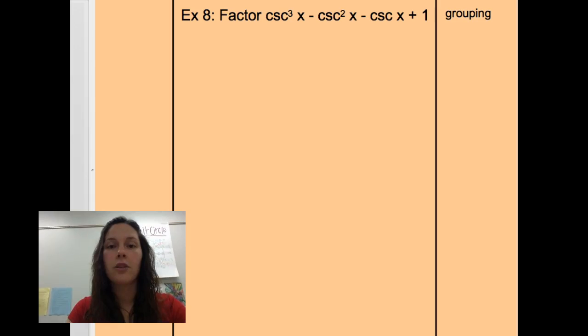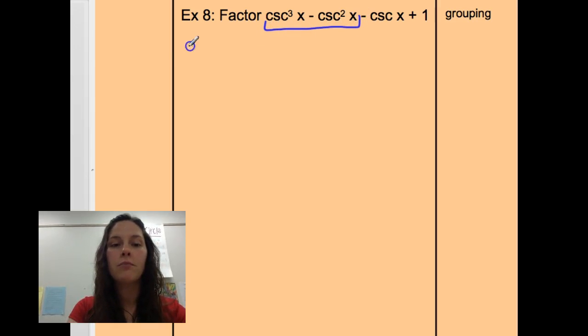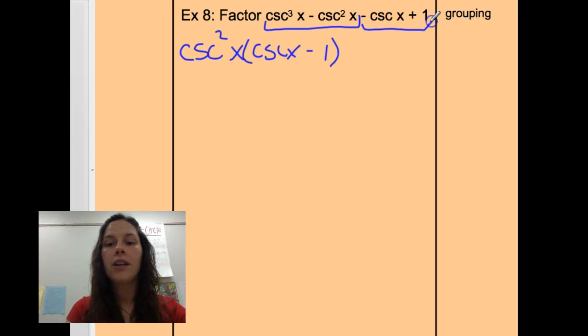And our last one, I'm sure you're excited that this is our last one. I know that factoring with trig is much more challenging than factoring in general, so we can spend a lot of time during our warm-up or going over a couple of questions on the assignment together if we need to. This one is a factoring by grouping. So notice my first two terms both have a cosecant squared. So I'm left with cosecant minus 1. These two terms, I want it to match what I've got in my other set of parentheses. So I'm going to factor out a negative 1, and I'll be left with cosecant minus 1.